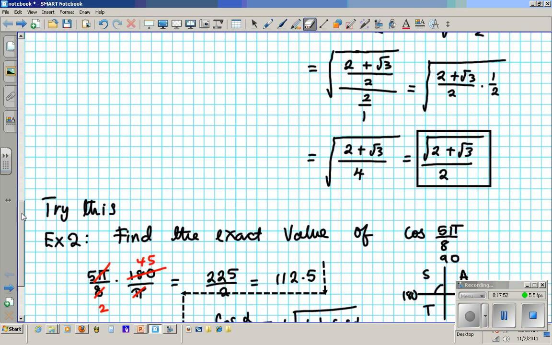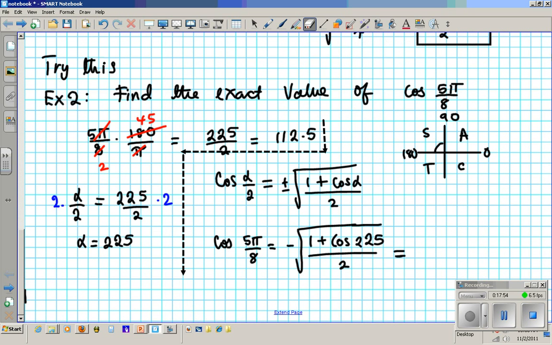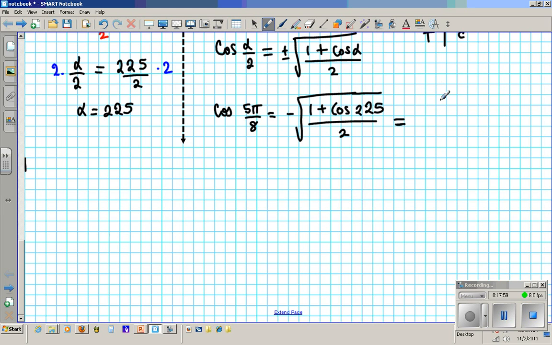So it's going to become negative square root of 1 plus parentheses negative root 2 over 2, because that's what cosine is, divided by 2. Write this as a fraction, and then we're going to find the LCD. Obviously, these are different, so we need to make them both 2's, right? So we times this by 2 top and bottom, so that the denominators are both 2.